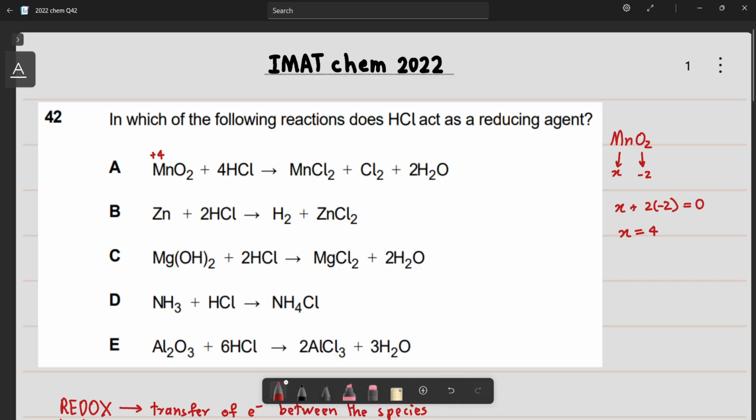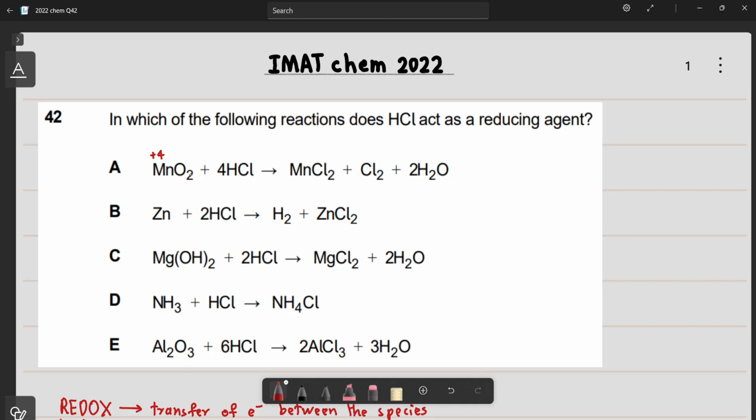That's the simplest way to find the oxidation state of a specific element in a compound. But you must know that common elements like oxygen and chlorine are highly electronegative, so you should easily know it's going to be -2 or -1.